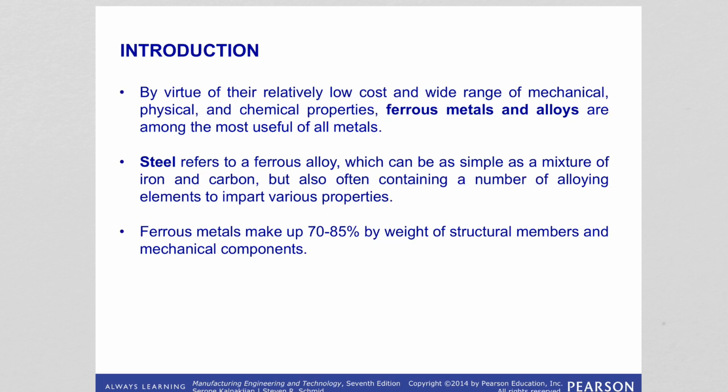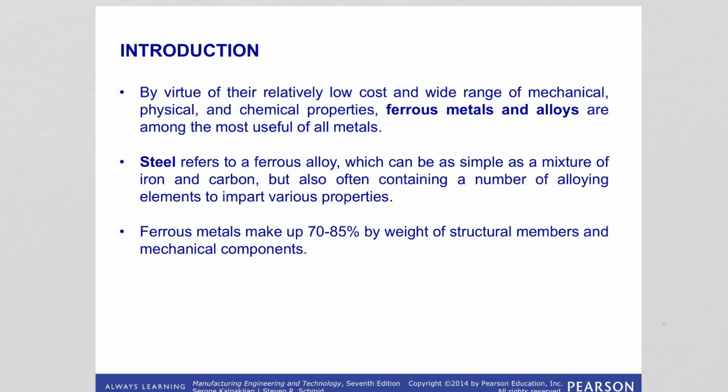useful of all materials. When we say ferrous metals and alloys, you understand iron is the base material. We can classify ferrous metals and alloys as carbon and alloy steels, stainless steels, tool and die steels, cast irons, cast steels.